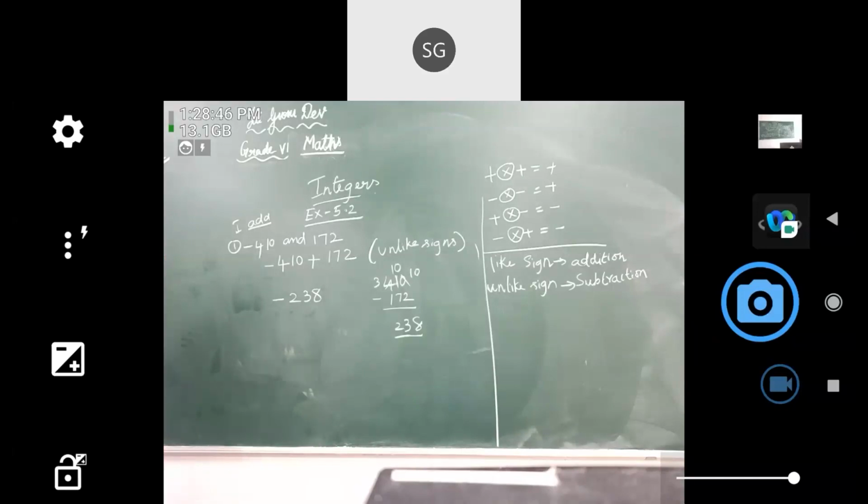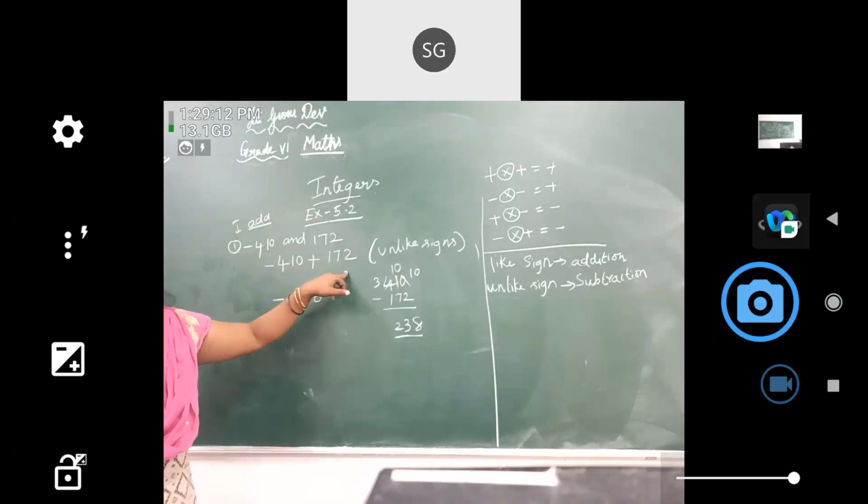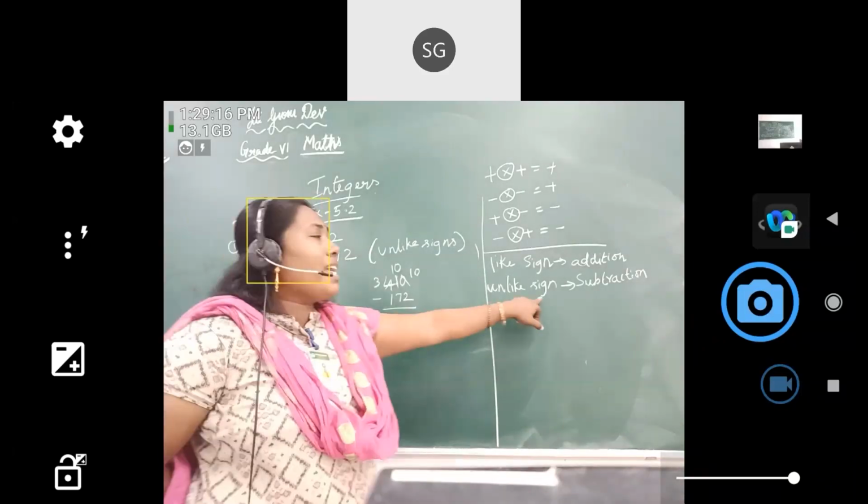So now, Dikshita, tell me what you didn't understand. Ma'am, this sign, I didn't understand. I didn't do anything much. Whatever was given in the question, I just wrote using the operators. Here, they didn't give it to me directly. They just told me add minus 410 and 172. So I'm just writing it using the operator: minus 410, I'm using the plus operator, and I'm writing the next number 172. Now I know that if it is unlike sign, I should subtract.